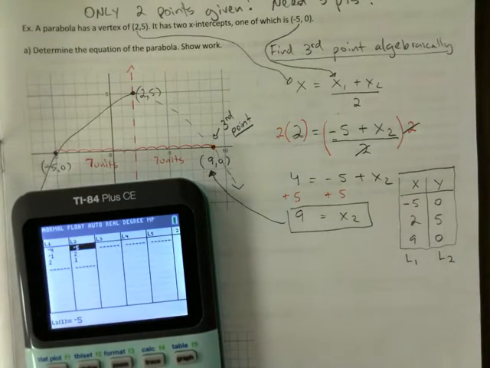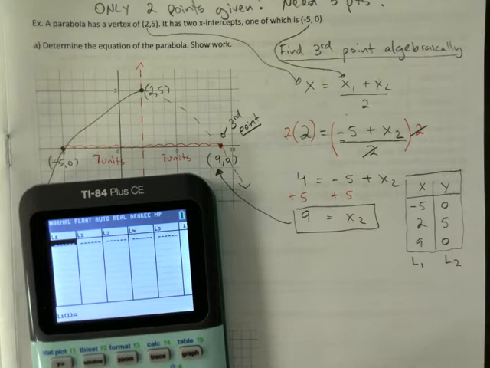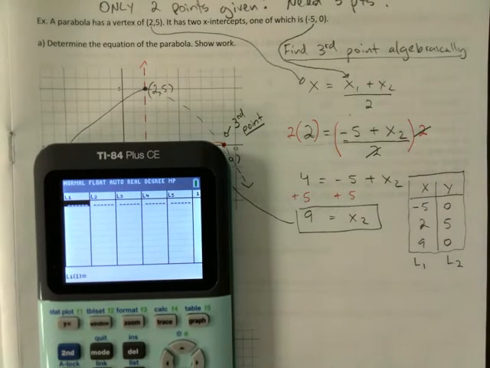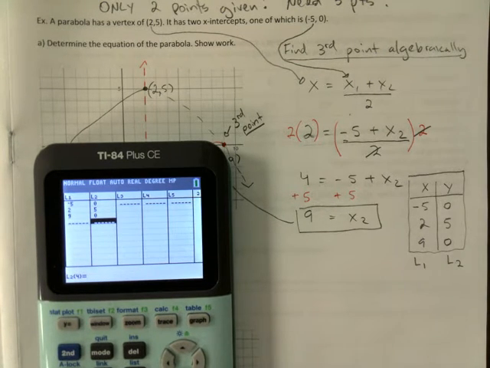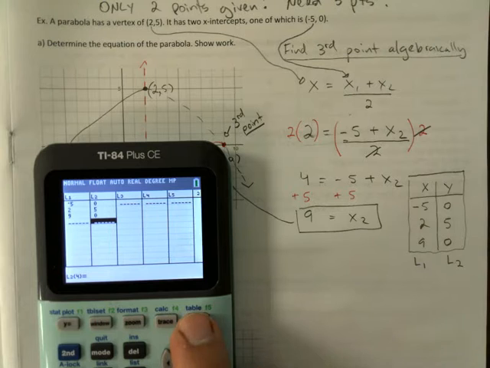So stat, edit, clear, clear. And so let's go -5, enter 2, enter 9, enter 0, 5, 0. Plot 1 is still turned on, so I'm going to leave it. So let's try to graph this first.